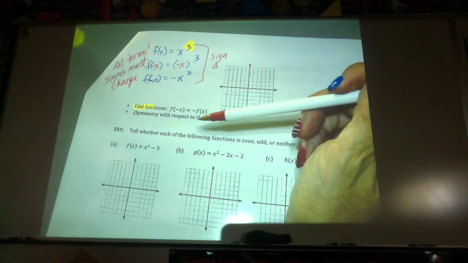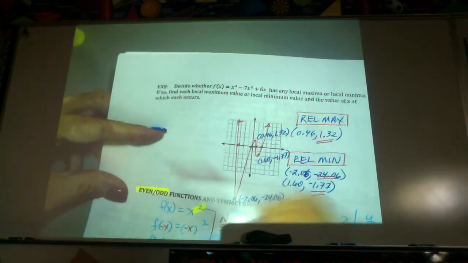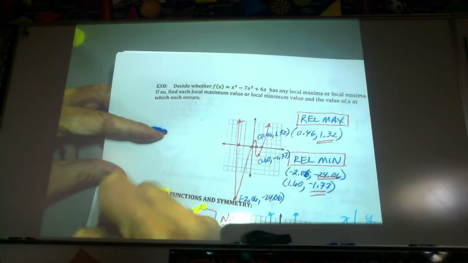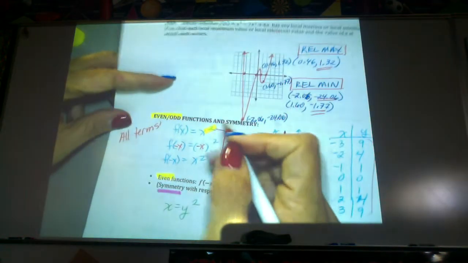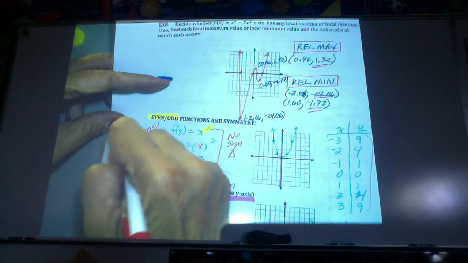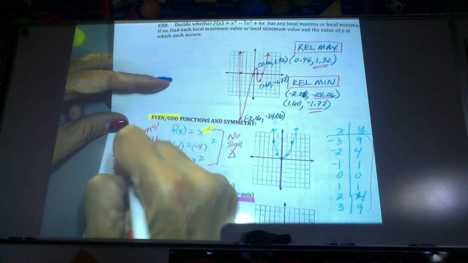So it will not be odd. So it's not possible. So you might keep that in mind. And you might over here want to write yourself a note that all terms', plural possessive, signs stay the same.